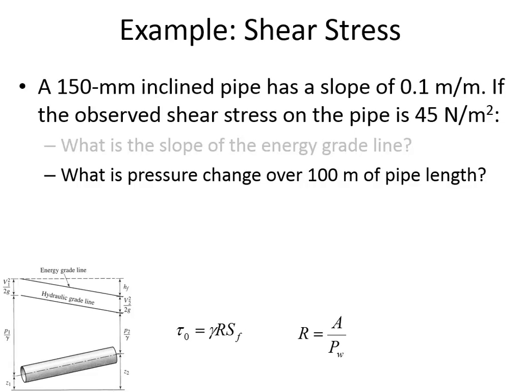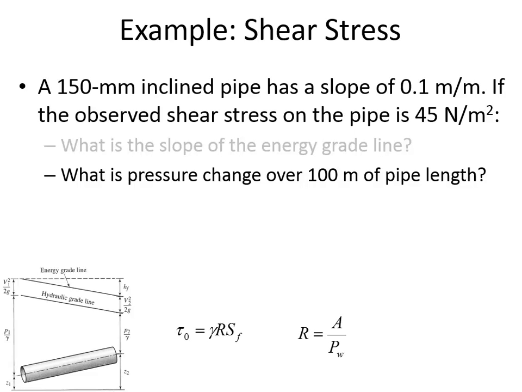And from that we get the change in pressure. So I guess I have moved the gamma over to the other side. So the pressure change is equal to H sub F times gamma.